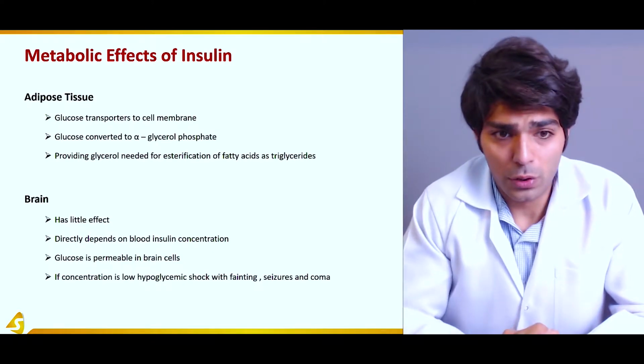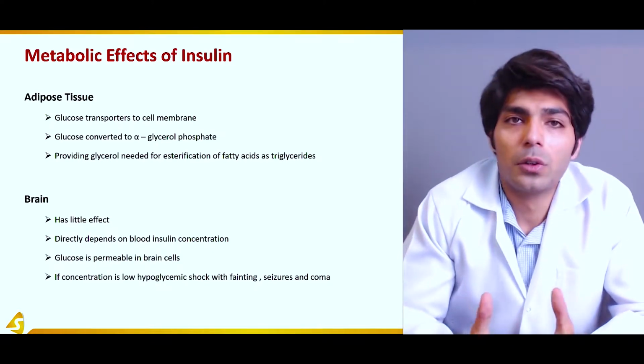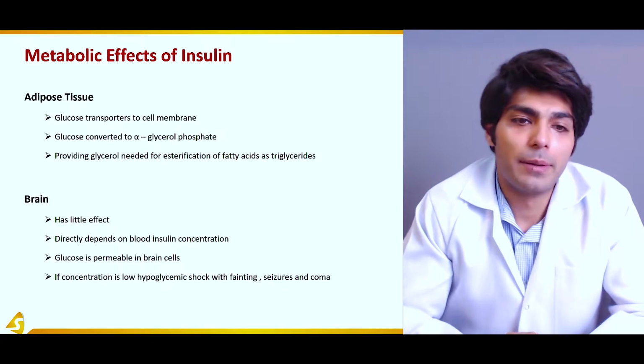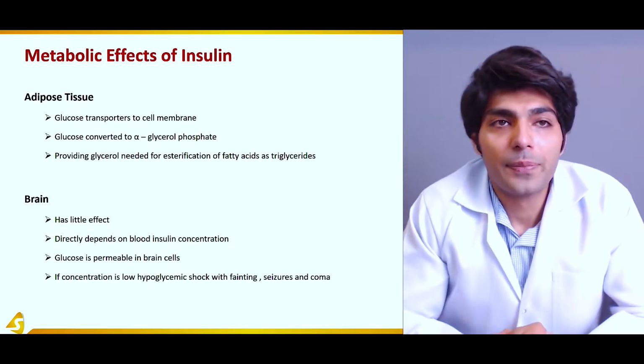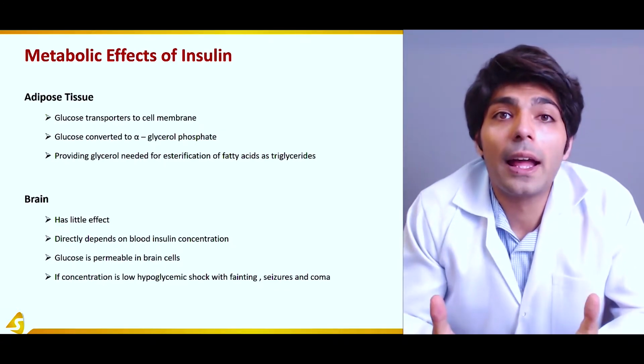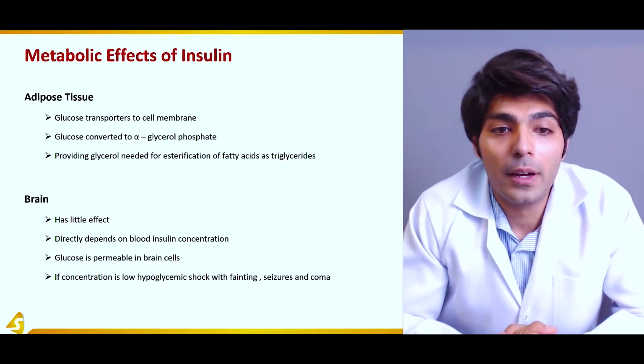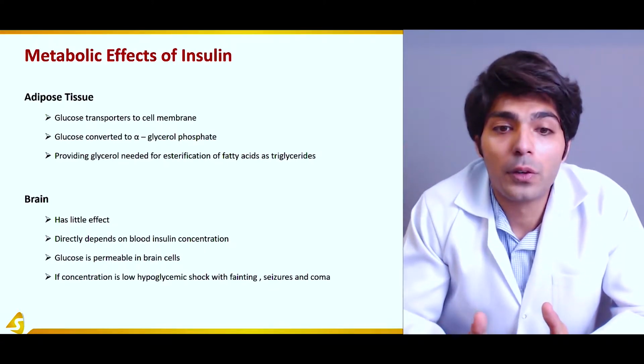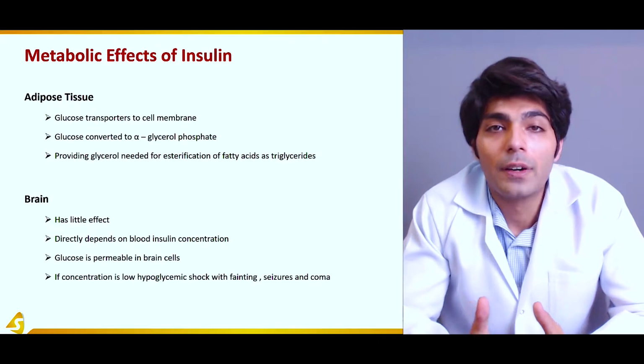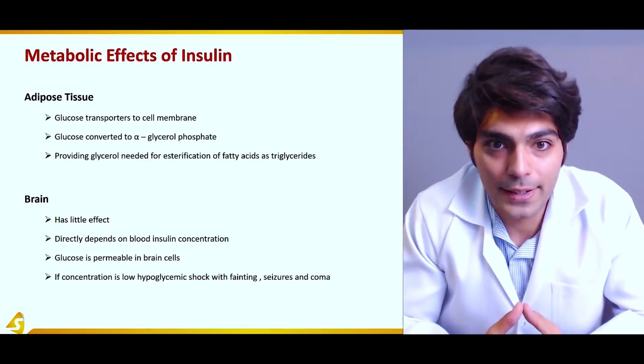So in adipose tissue, once the glucose is transported from the cell membrane into the cell, the glucose is converted into alpha glycerol phosphate, providing alpha glycerol for the esterification of fatty acids as triglycerides.